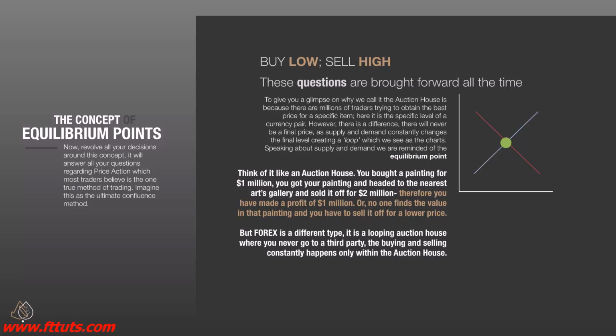It is a looping auction house where you never go through a third party. The buying and selling constantly happens within the auction house itself, meaning that you don't sell the painting to someone else. You can only sell it to the people who are already in the auction house.